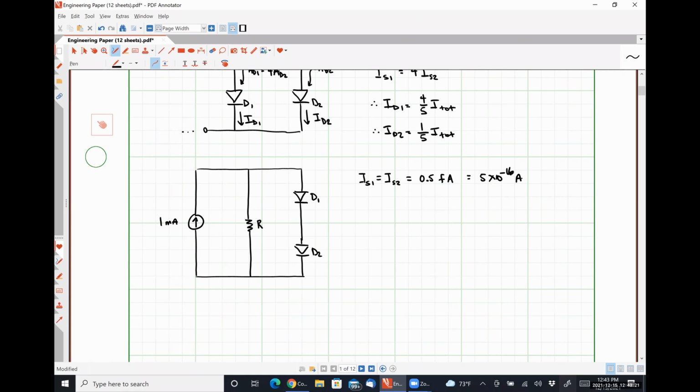We are also told that IR, the current flowing through the resistor direction down, is 0.3 milliamps. And we are told to assume that VT is equal to 26 millivolts. So effectively the circuit is operating at room temperature.